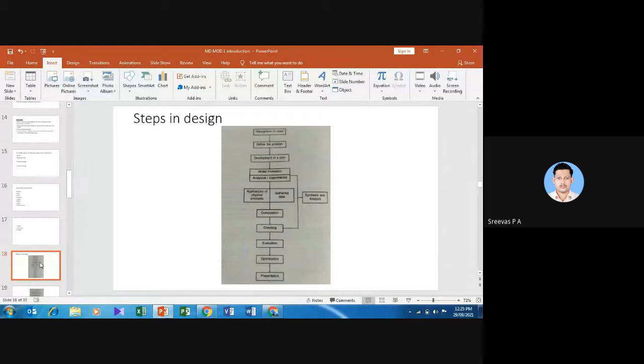We also have the concepts of elasticity and plasticity to discuss. There also, questions have been asked to draw the stress strain diagram of mild steel and mark all the salient points.